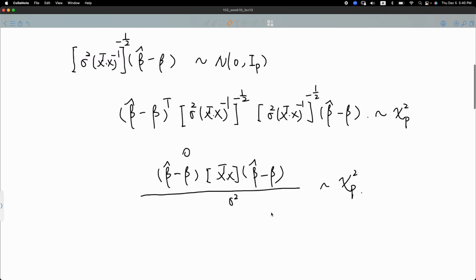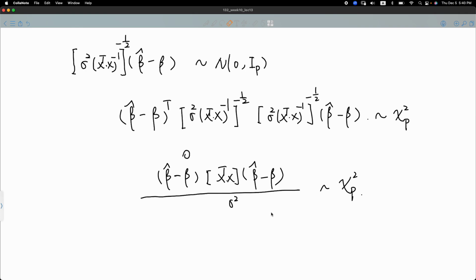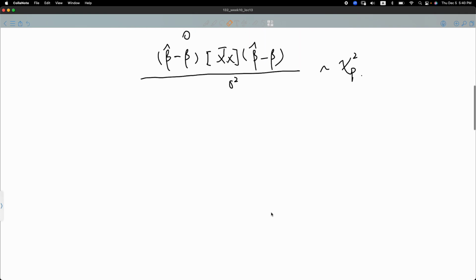Okay, so to handle the unknown variance sigma square, we need to do some further analysis, which is the following. So first of all, let's take a look at this formulation.